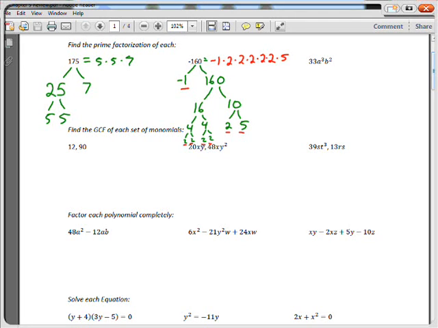And the last one, 33a to the third b squared. Remember, when you have a variable in there, first thing you do is separate the numbers from the variables. And then 33 can be broken down to 3 times 11.